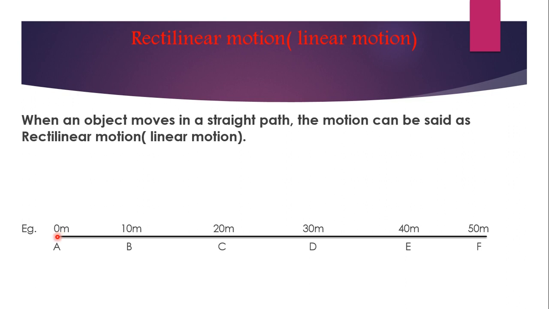Now this object starts moving from position A, then goes to position B, to C, to D, to E, and then to F. Here the object is traveling on a straight path, and this is an example of rectilinear motion.